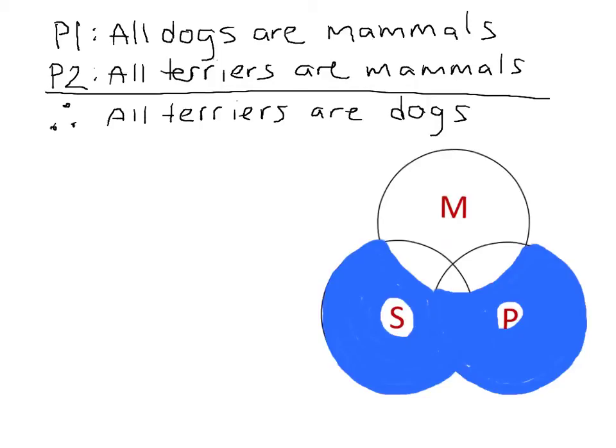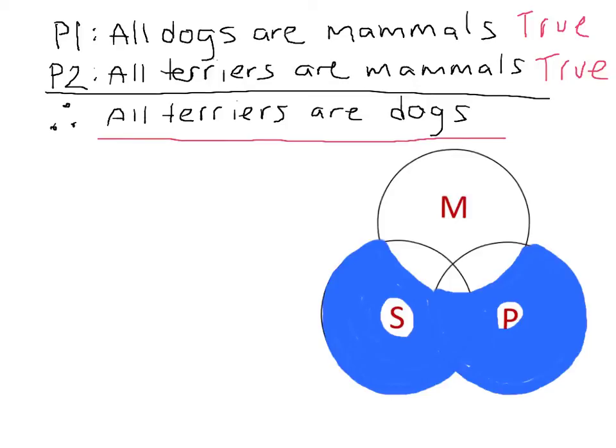The Venn diagram works according to the idea that when you diagram the premises as true, you're again asking, is the conclusion necessarily true because of the premises? So, if this were a valid deductive argument, categorical argument, we would see that all terriers are dogs is represented in the diagram.